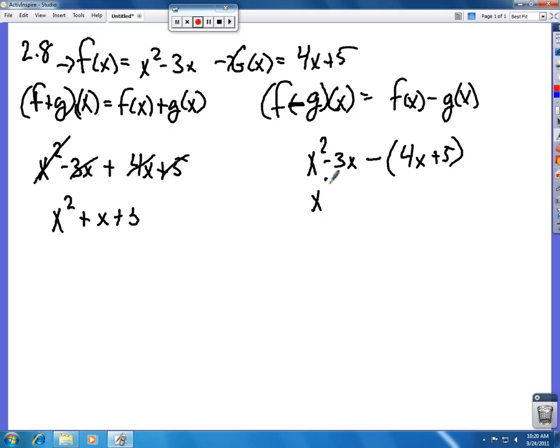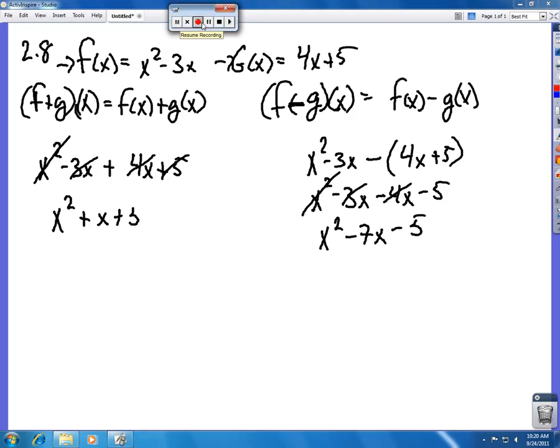So let's go ahead and pass that through. So that'll be negative 4x minus 5. Now we can combine like terms. So x squared drops down. Negative 3x minus 4x is going to be negative 7x. And then the negative 5 drops down. Okay, so now we've got both answers.